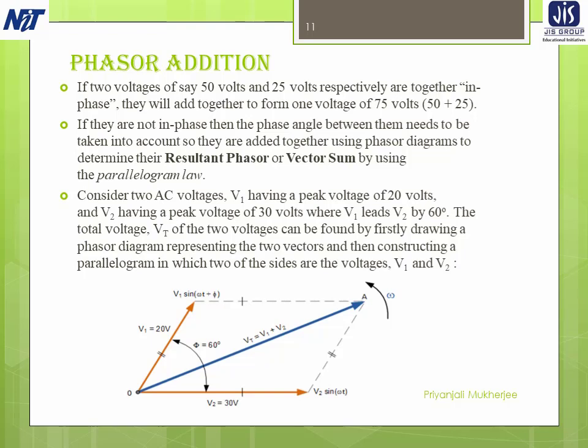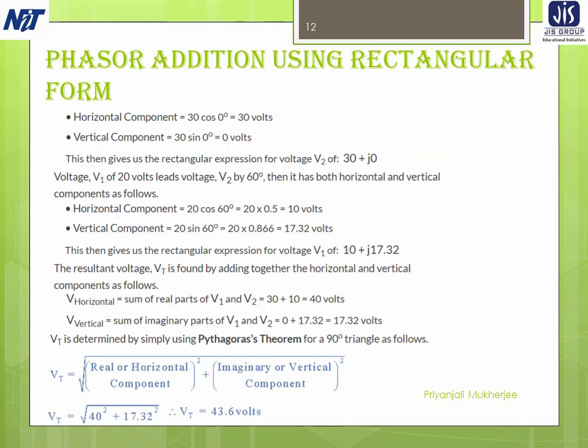Now how to calculate this? The horizontal component of V2 is 30 cos 0 degrees, so it becomes 30 volts, and the vertical component is 30 sin 0 degrees, so it gives us 0 volts. Now for the rectangular expression, V2 becomes 30 plus j0 because the imaginary part is the vertical component and that is 0.